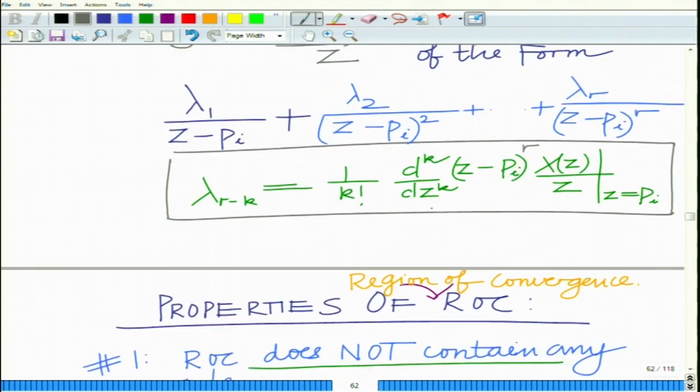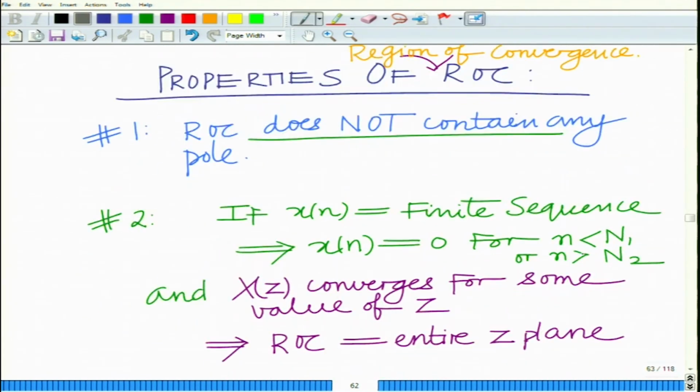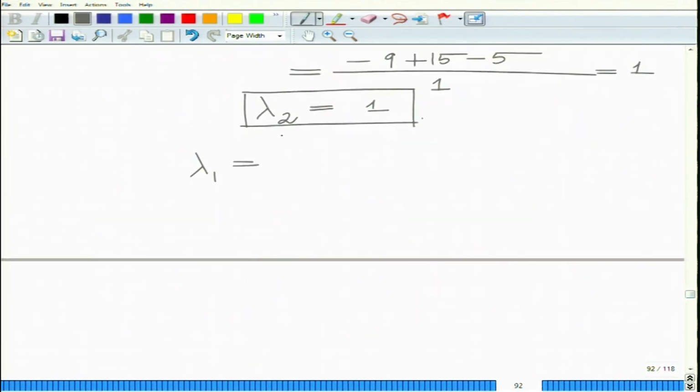So, this is basically what that turns out to be. Remember, in this case r is equal to 2. So, I have lambda 1 equals lambda r minus k with r equal to 2 and k equal to 1.